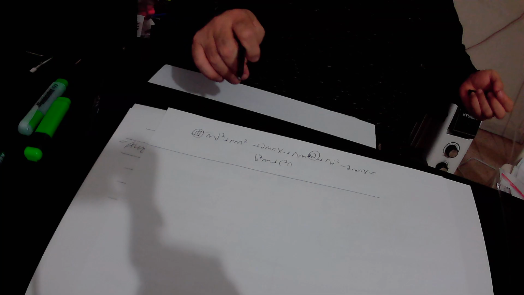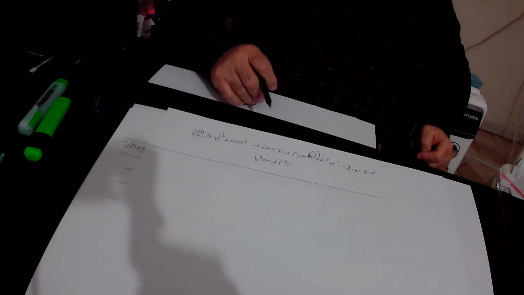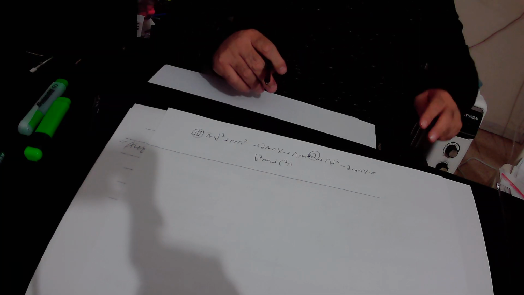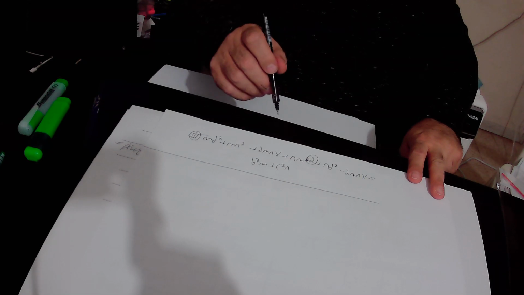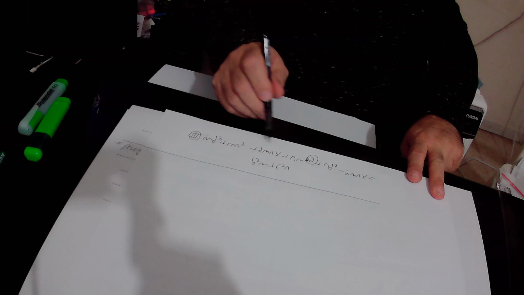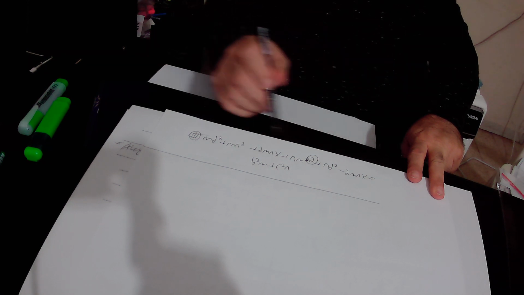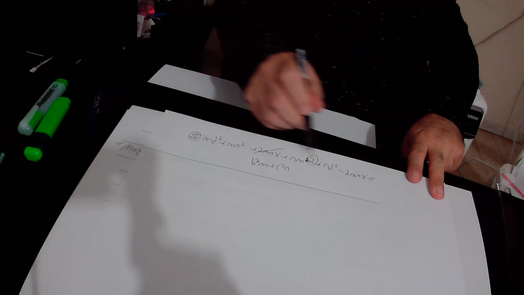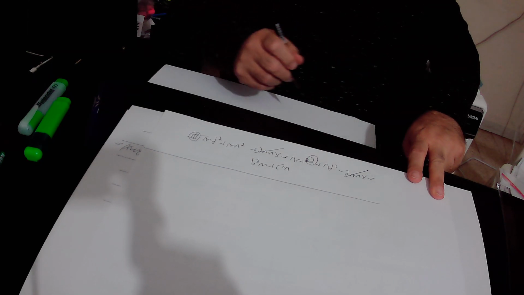This is the result, equation number 3. So here we have 2mnx minus 2mnx, which is 0, of course, so we cancel the two expressions.